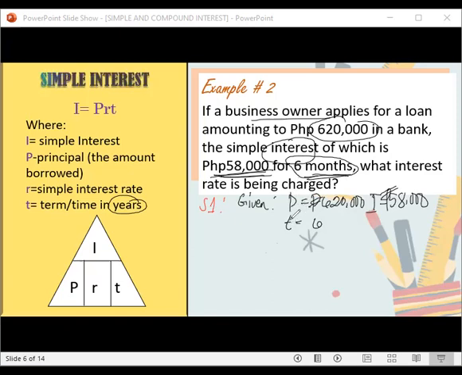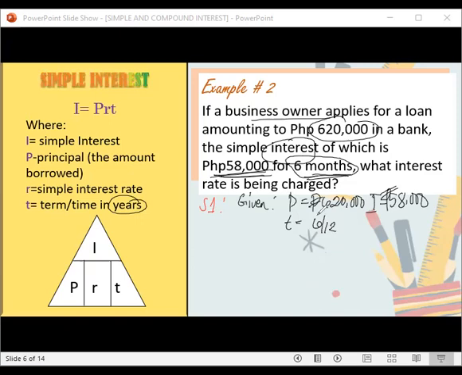The question is, ilang buwan ba meron sa isang taon? Okay, 12 months. So, ibig sabihin, 6 over 12.